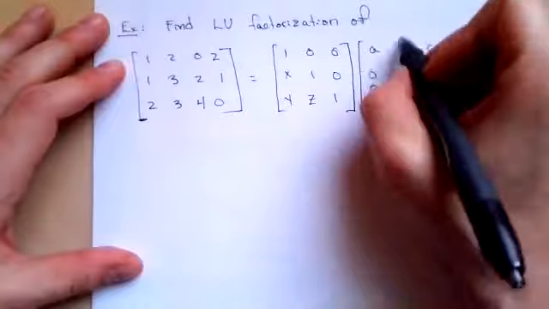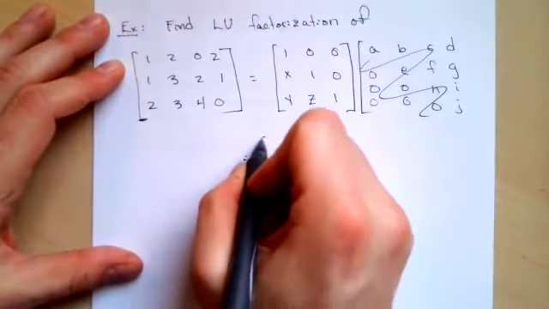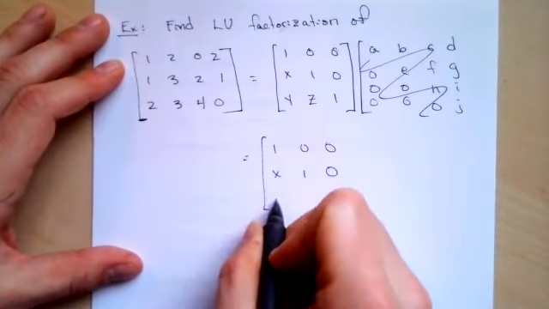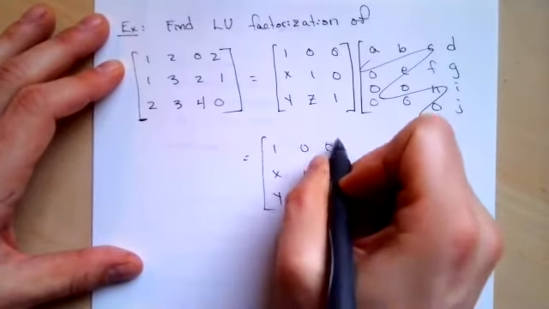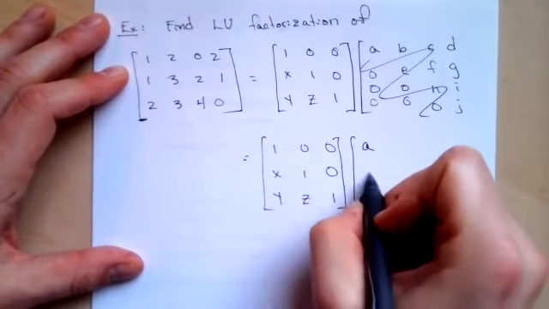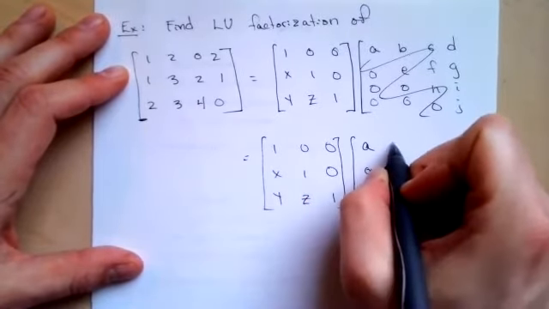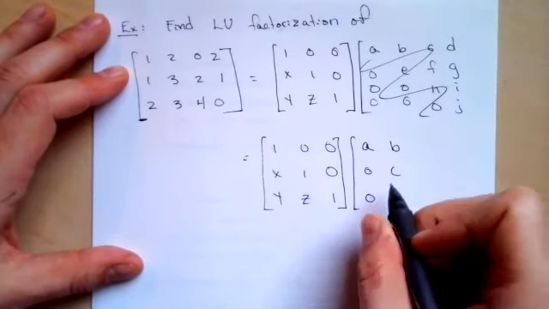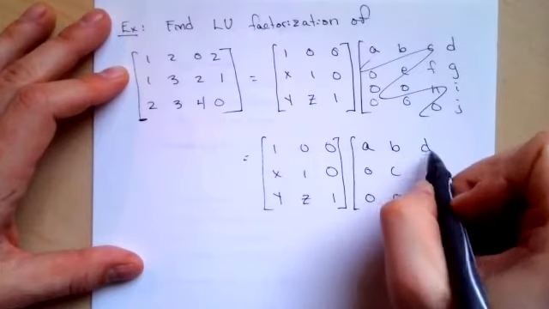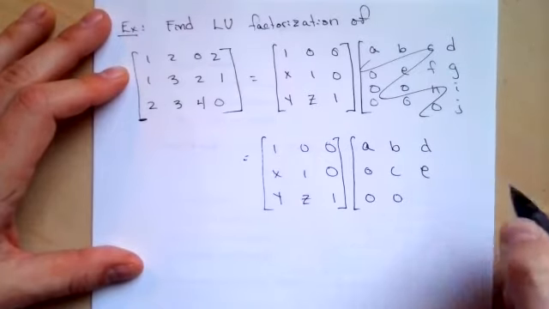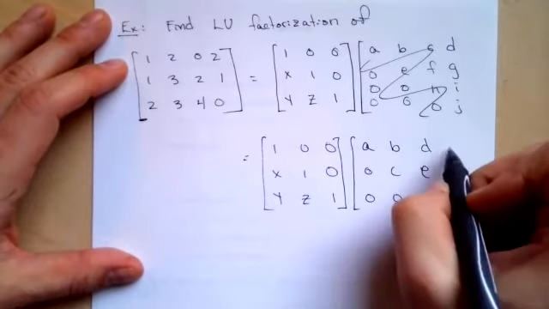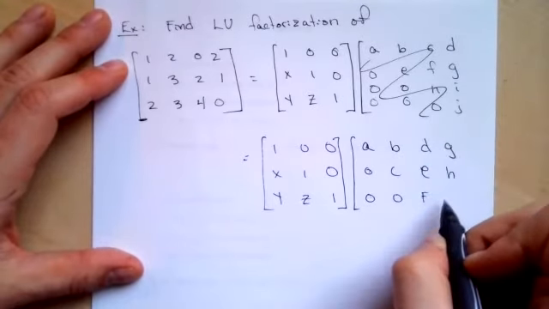Let me rewrite this, sorry. 1, 0, 0; x, 1, 0; y, z, 1; times an upper matrix with entries a, b, c, d, e, f, g, h, i.